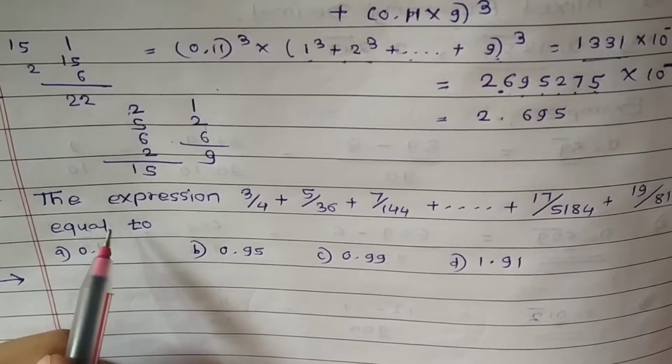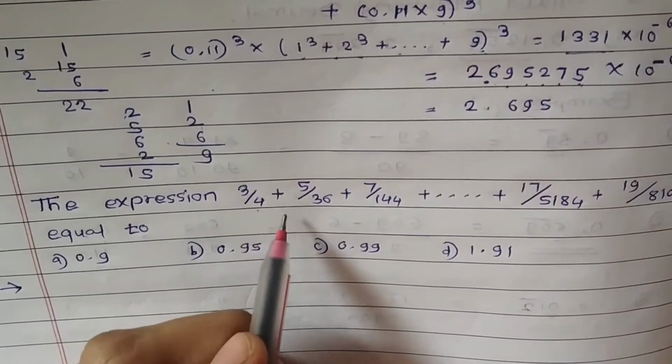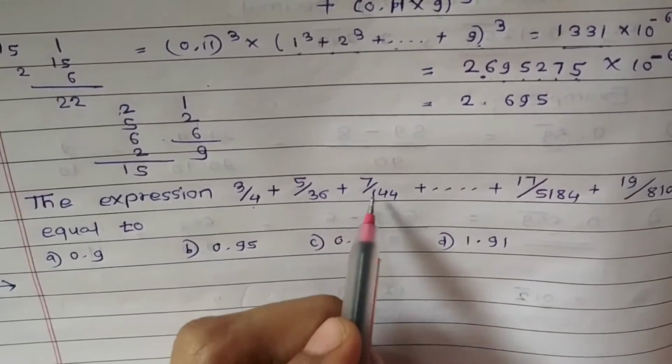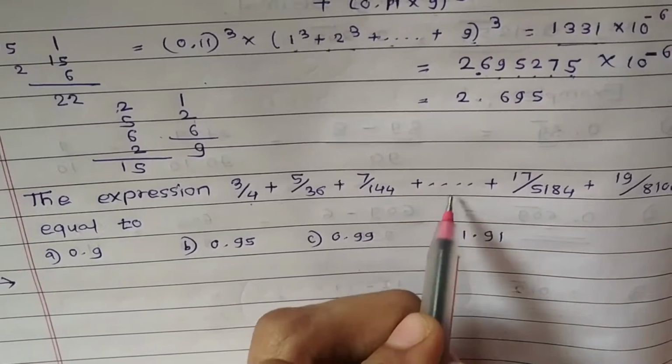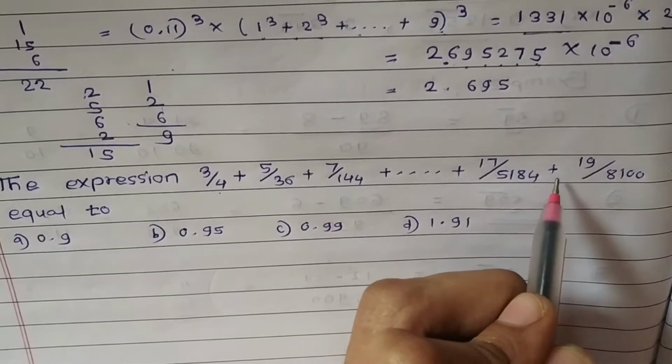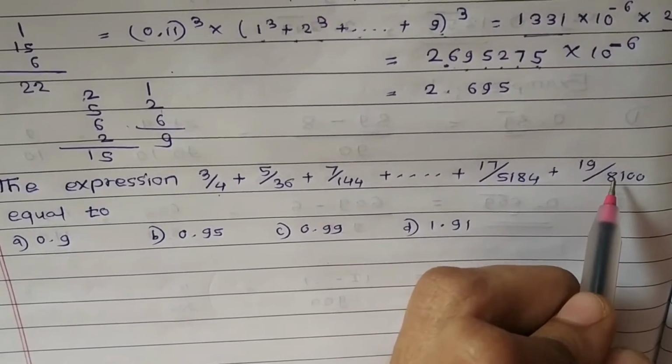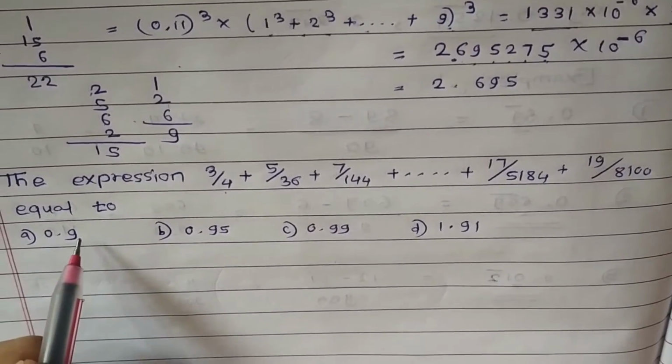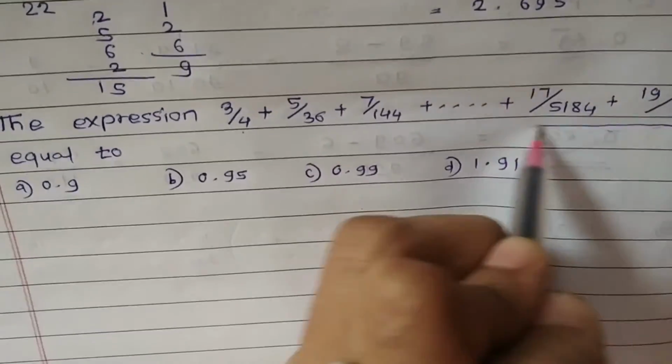Next example is the expression 3 by 4 plus 5 by 36 plus 7 by 144 plus so on plus 17 upon 5184 plus 19 upon 8100. You have to find the value of these fractions.